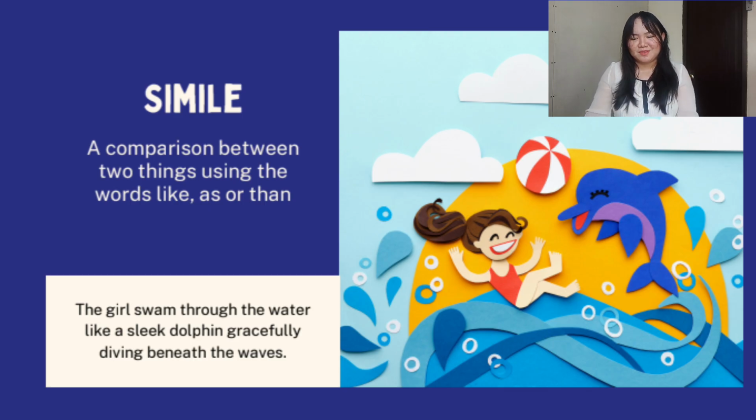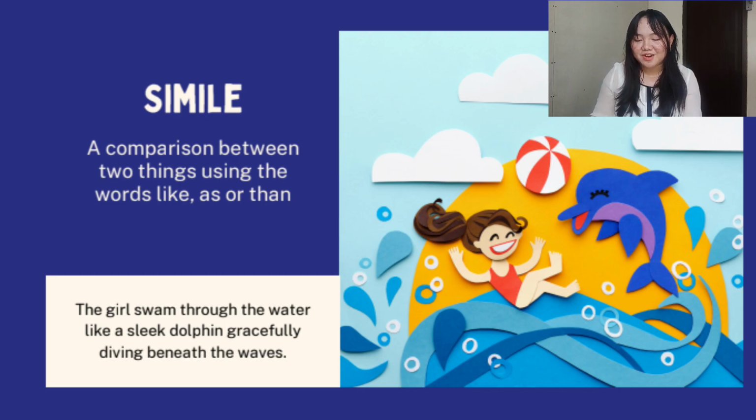For example, the girl swam through the water like a sleek dolphin, gracefully diving beneath the waves. So what makes this a simile? Yes, you're right. It is comparing 2 things using the word like. The girl swam and she is compared to a sleek dolphin.